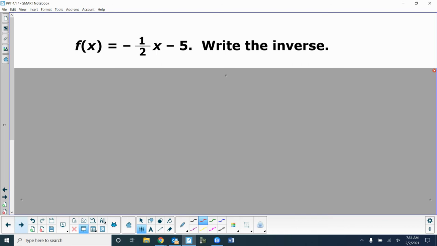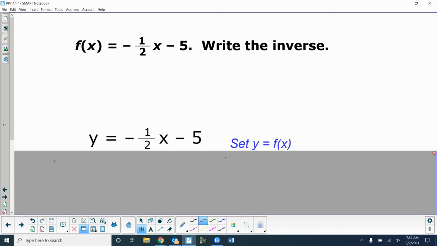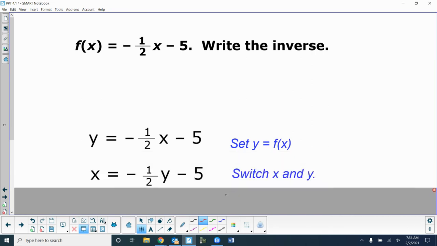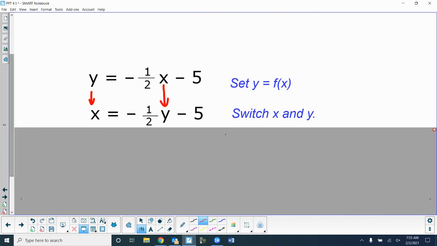We're going to switch them. The y becomes the x, the x becomes the y. What's the first step to get y by itself? What am I going to move first? The 5, right?